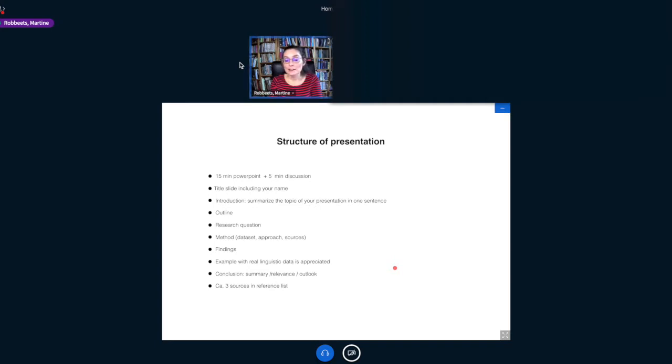And then finally, you move to a conclusion, a summary of the talk you have given. You can point out the relevance of your talk. Why is it important? Why did you choose the topic? What does it tell us? Or you could also situate your topic within the bigger picture of linguistics or Japanese studies in an outlook.